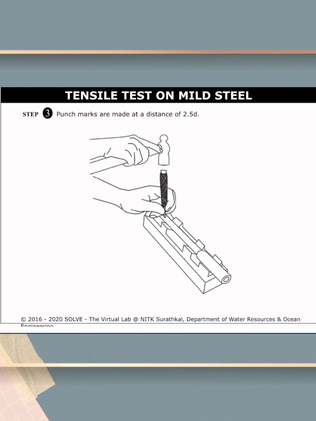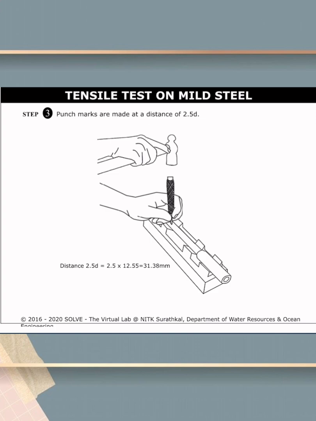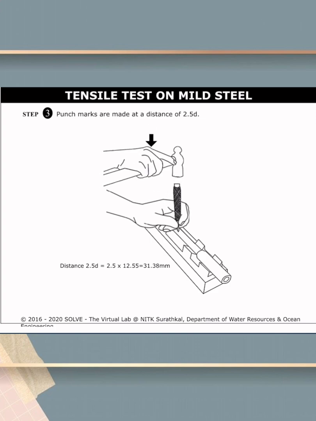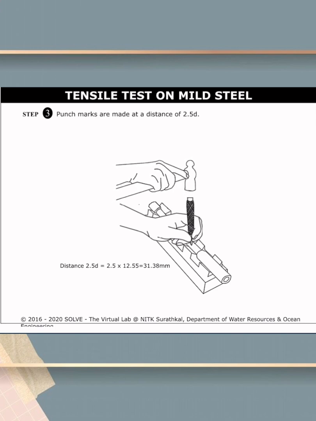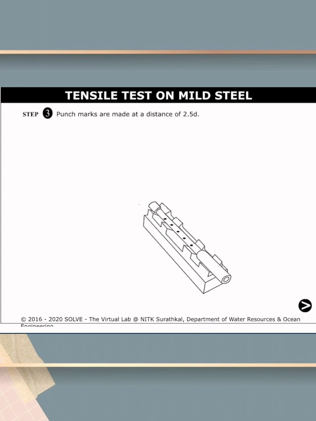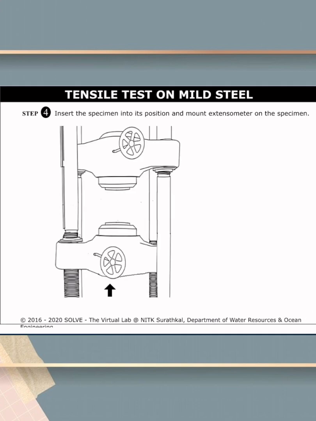Step 3. You have to punch a mark at a distance of 2.5 diameter. Step 4.